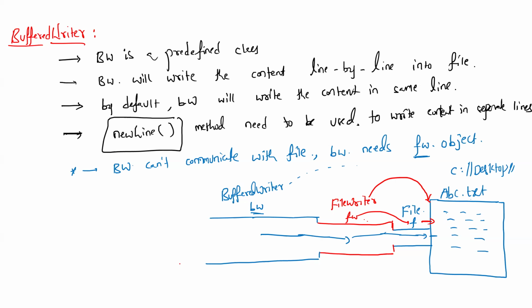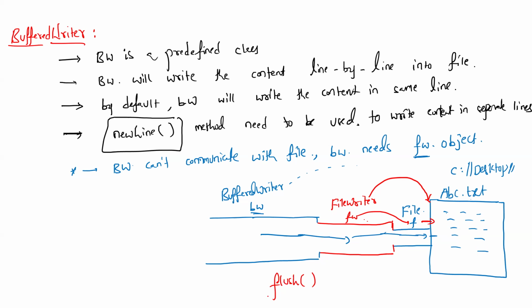Okay. So my point is, whenever we are writing this content into a file, to make sure everything will be written into the file, there is a method called the flush method. Flush method will make sure each and every character of the entire statement or word will be written into the file.